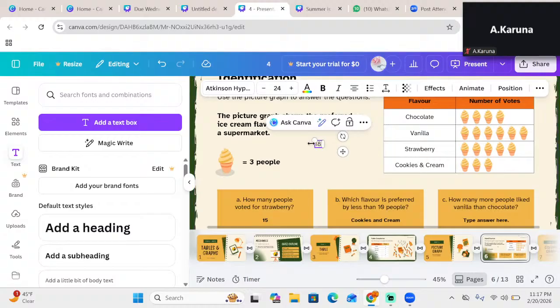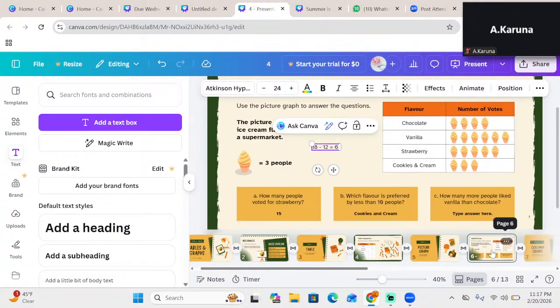So 18. And chocolate, there's 12. So how many people more liked, right? So when it asks for that, you just subtract the 2 values. And so the answer, 18 minus 12, because chocolate has 12 people, is 6. So 6 more people liked vanilla than chocolate.